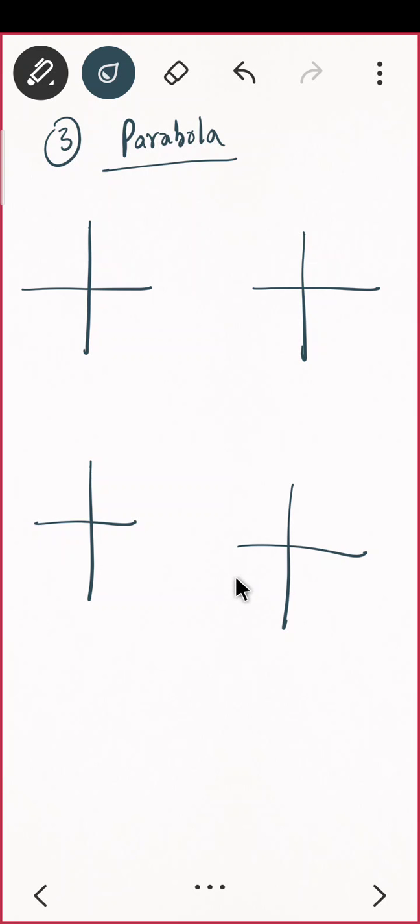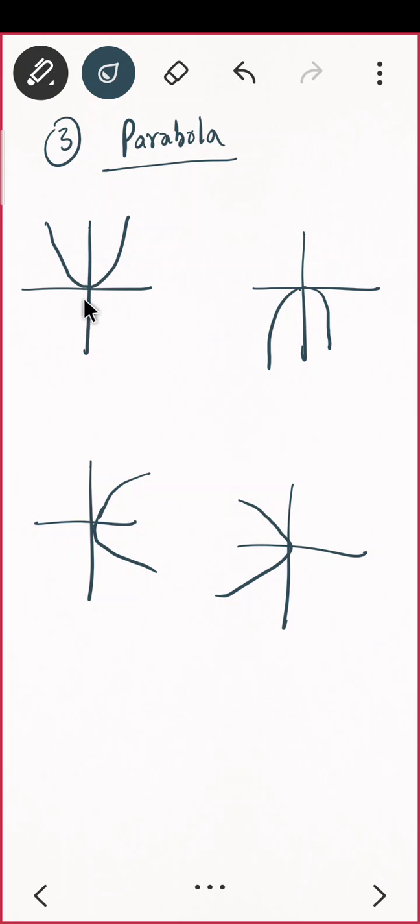Suppose if I am having parabola like this, like this, like this. Actually, it should be symmetric with that x-axis, and like this. Sorry for the bad drawing.